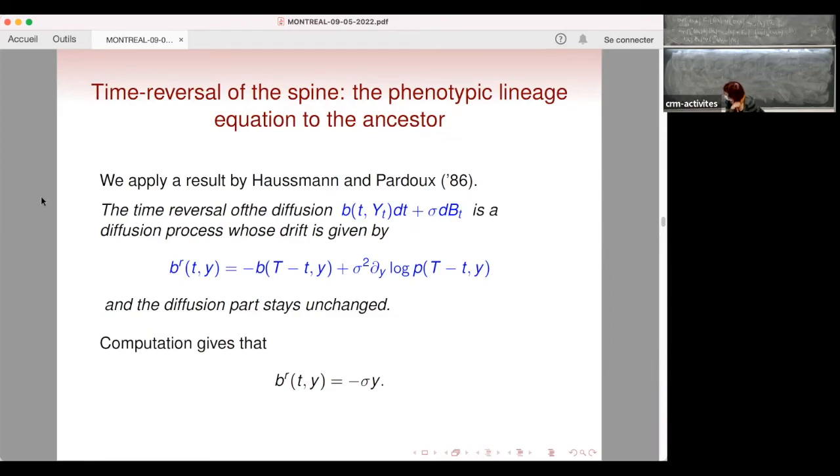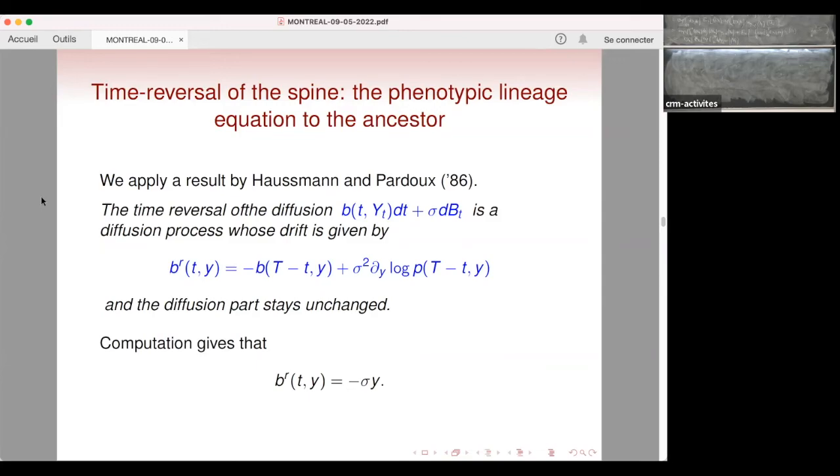You can compute the time reversal of the diffusion, which has this form and is given by this expression. Of course, you have some assumptions, which are satisfied here. That's why I computed the logarithm of the density of the initial process. Here you make the computation.